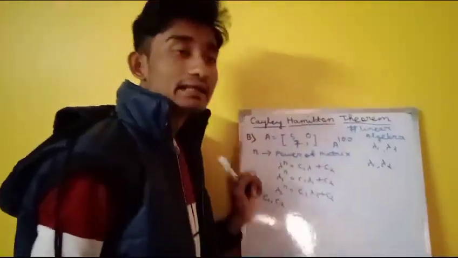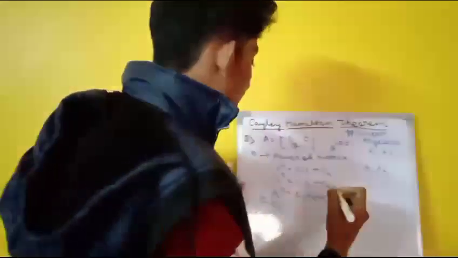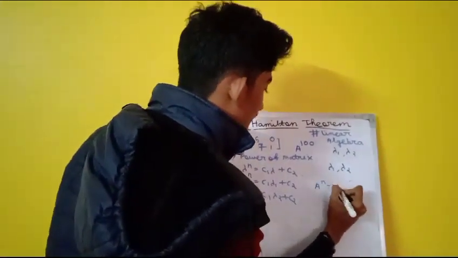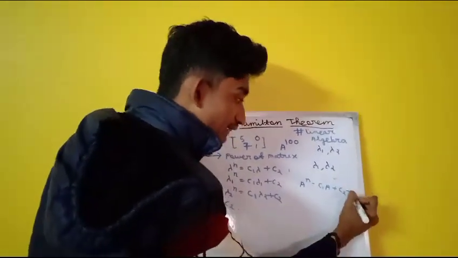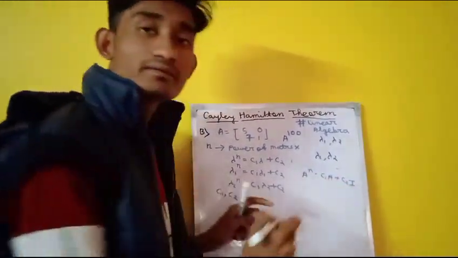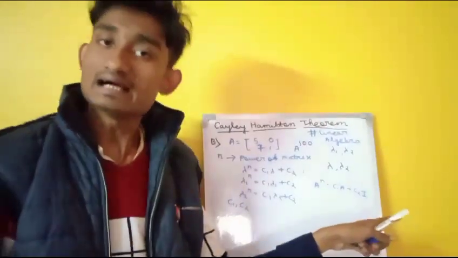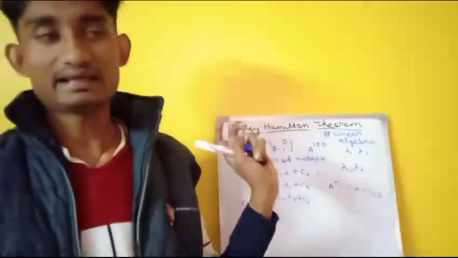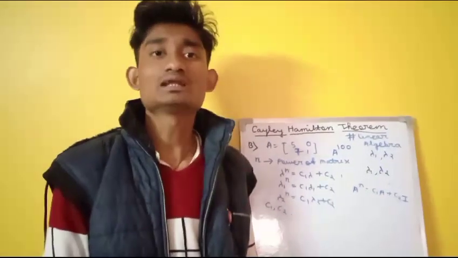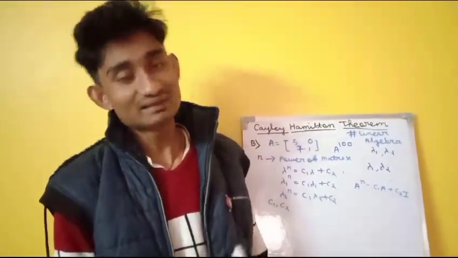Then the matrix satisfies this equation, that means A power n will be c1 A plus c2 into 1, where 1 is the identity matrix. So you know c1, c2, A and I, and by this method you can find A power n, where n is a very big number or a very small number. It can be calculated using this theorem.